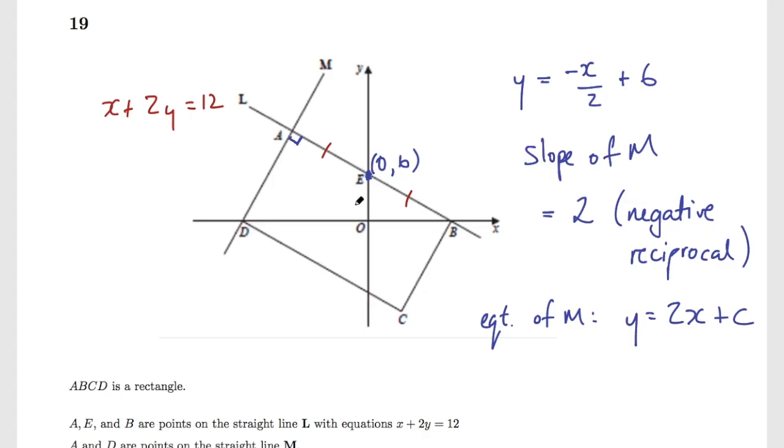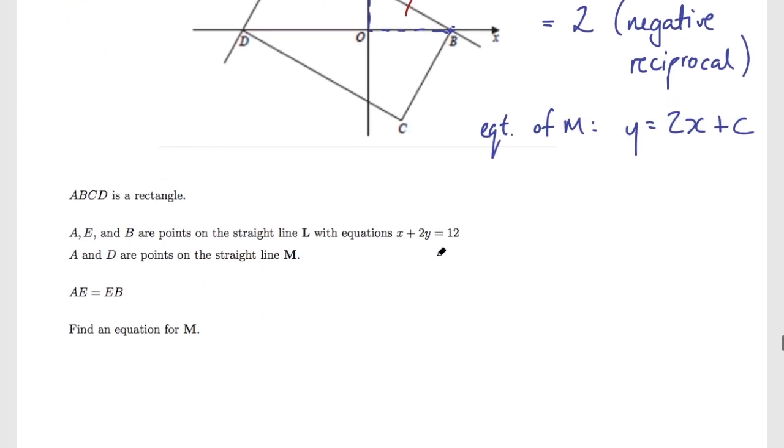And if we know the slope of L, we can find the point A by finding B. So B is the x-intercept.